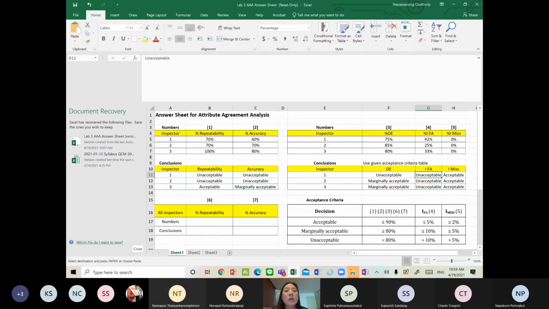So one thing we can do is train that operator, but before training we have to make sure that the standards or the training materials are good enough for the inspectors to understand.